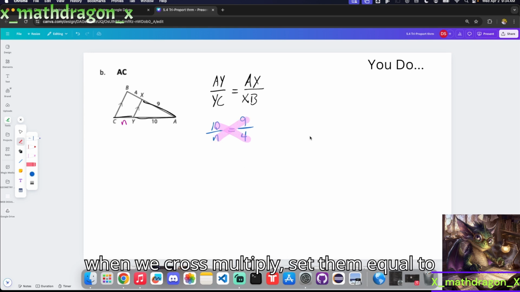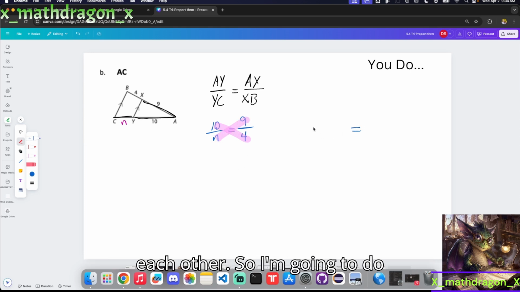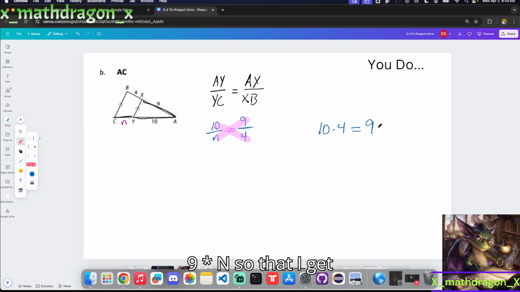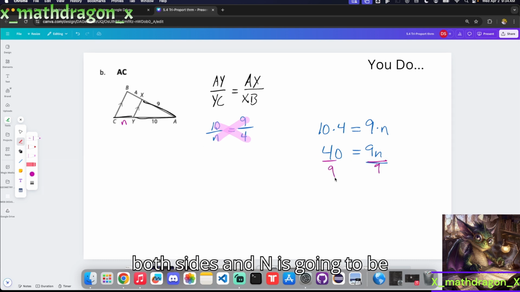Now it's time to cross multiply. And when we cross multiply, set them equal to each other. So I'm going to do 10 times 4, 9 times n, so that I get 40 equals 9n. Let's divide by 9 on both sides.